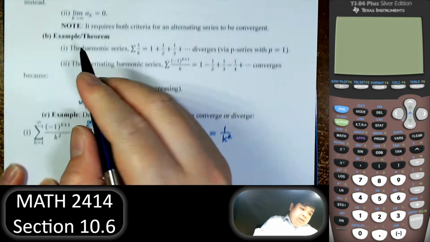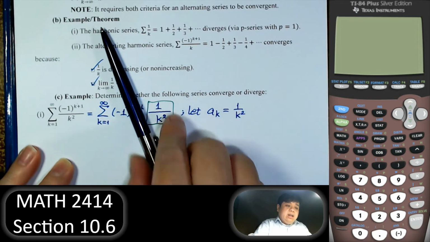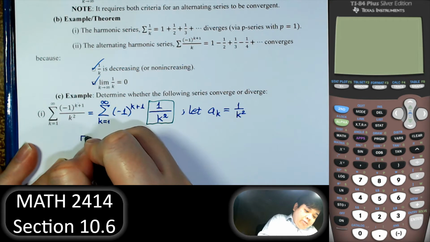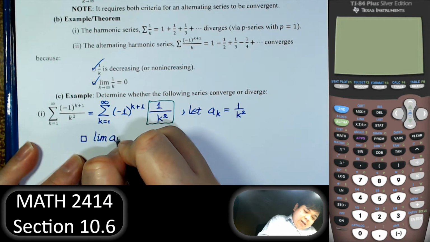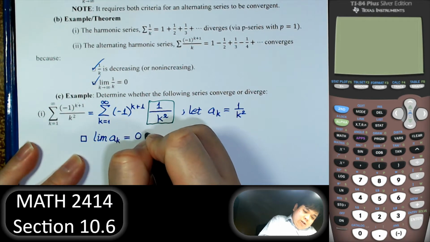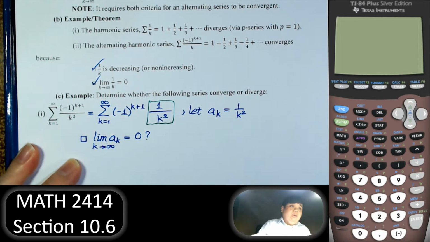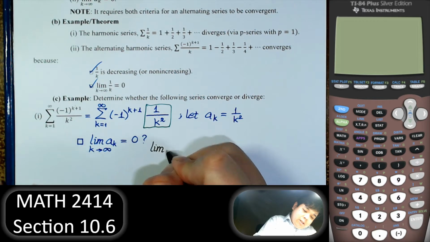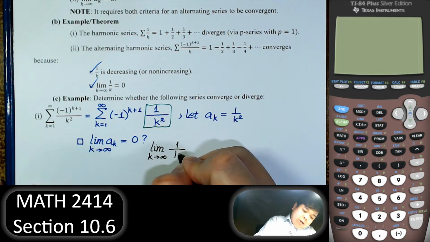It doesn't matter which one we check first, and I think we'll check the one going to 0. That's usually easier to check. So the first box is: is the limit of a sub k equal to 0 as k goes to infinity? We don't know that yet, so we check the limit as k goes to infinity of 1 over k squared.